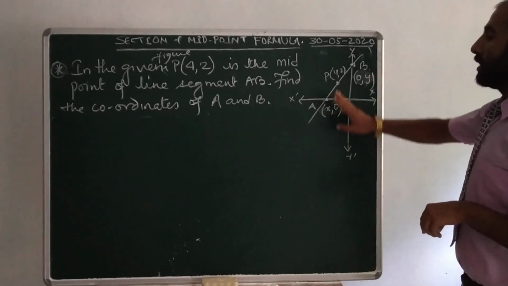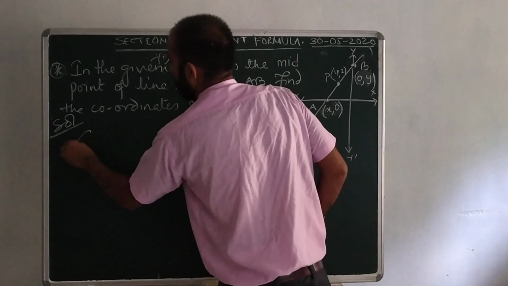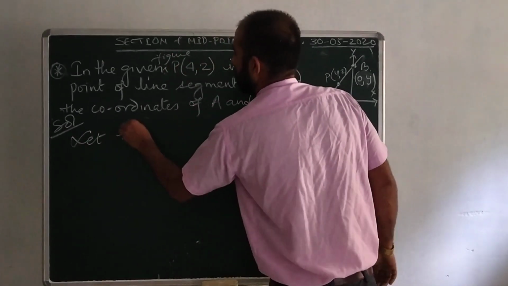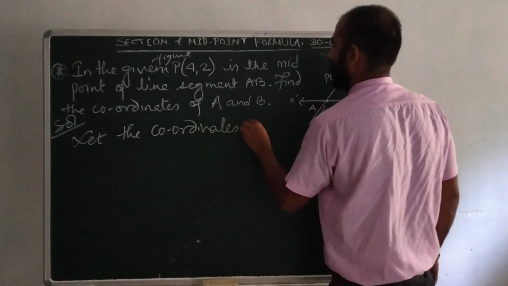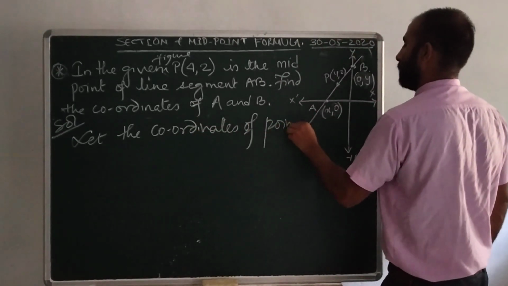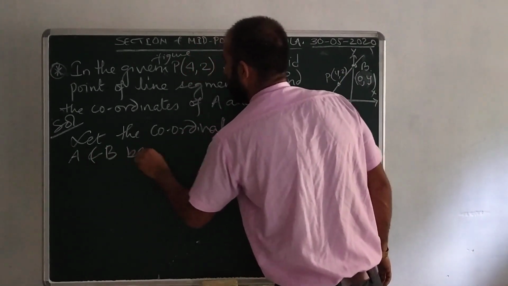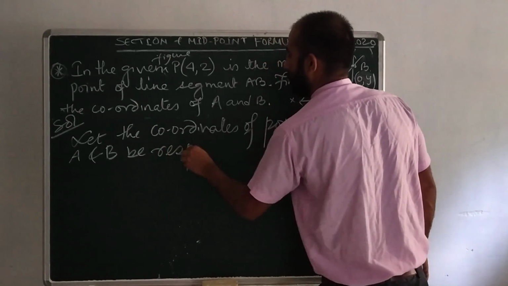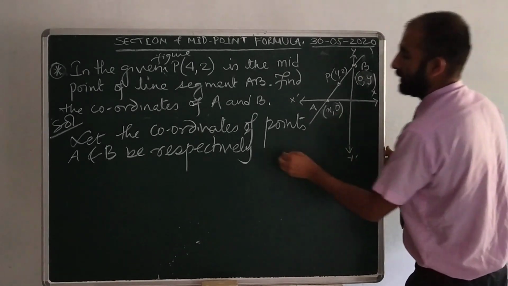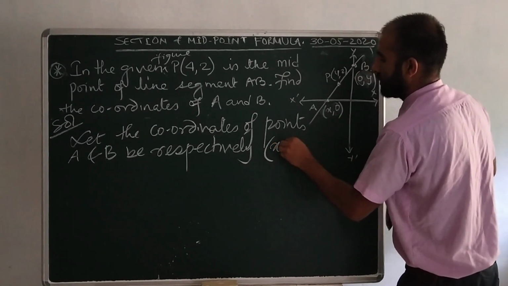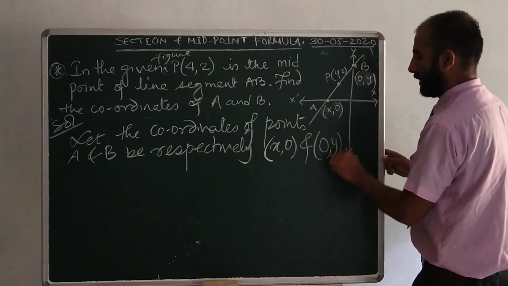Okay, so let's use the midpoint formula. Let the coordinates of points A and B be respectively, A we have taken (x, 0) and B we have taken (0, y).